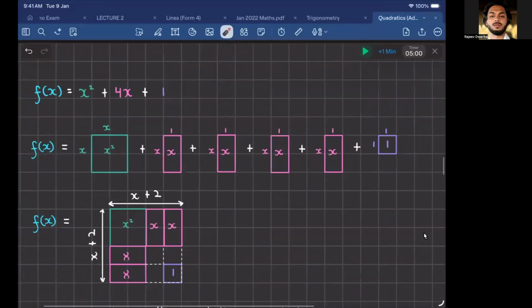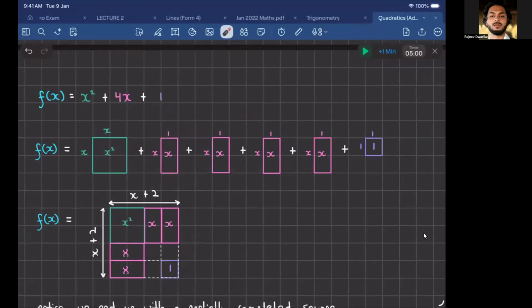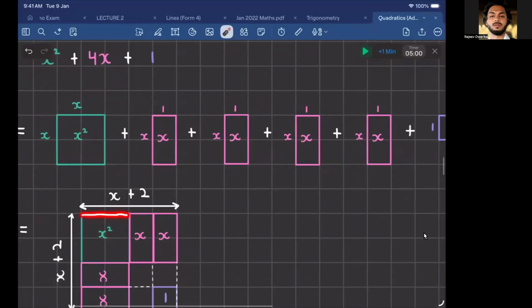Now check this. Before I continue, for the x squared square, what was the dimension for one of the lengths? For x squared, x by x, right?